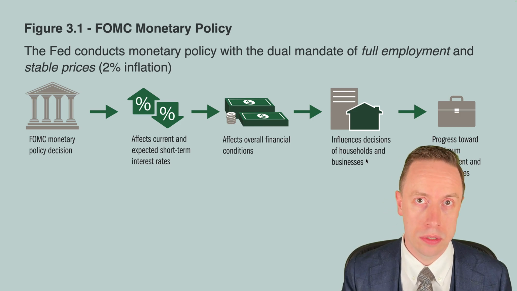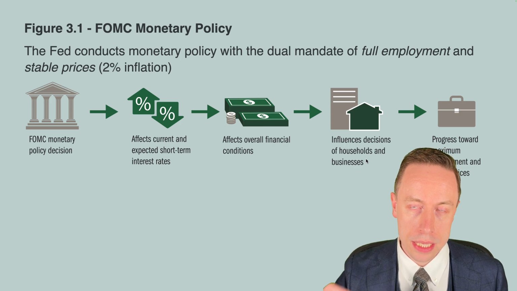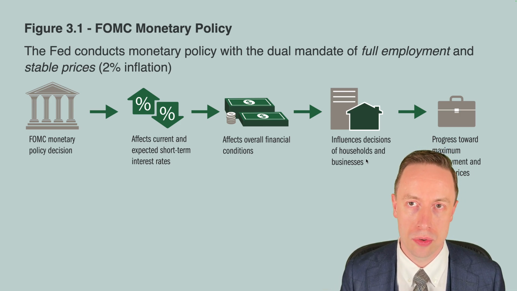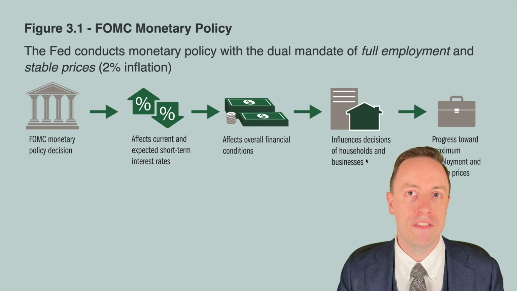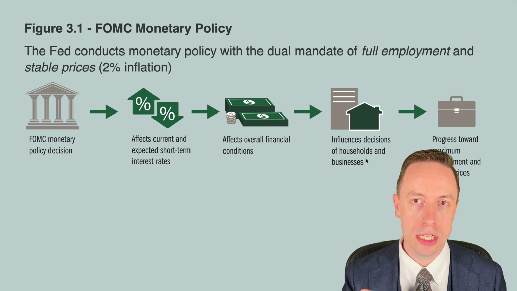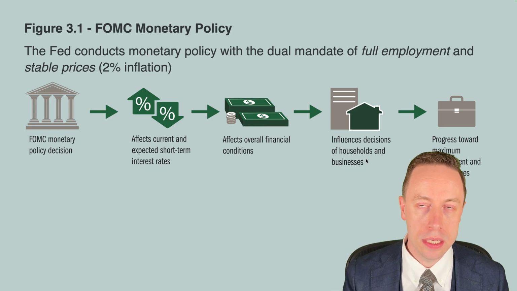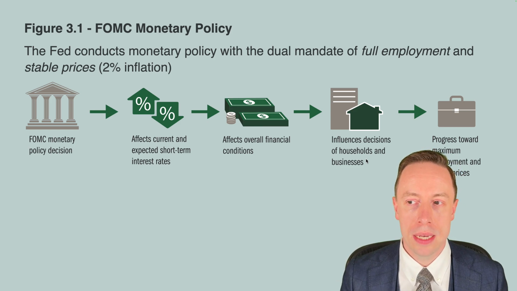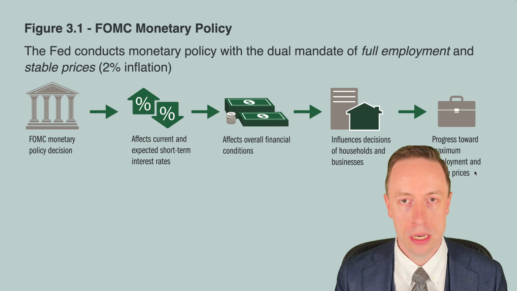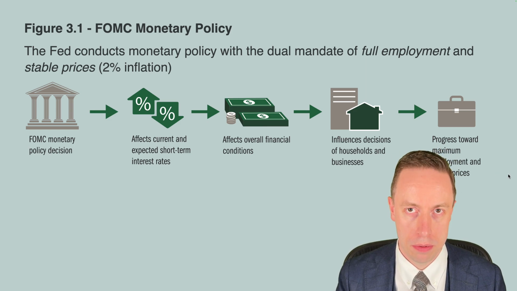And businesses, should I engage in that new business venture, considering that changing interest rates change the value of investment spending? And the idea is that they set these interest rates to balance the dual mandate of keeping employment high while keeping inflation at the 2% mark.